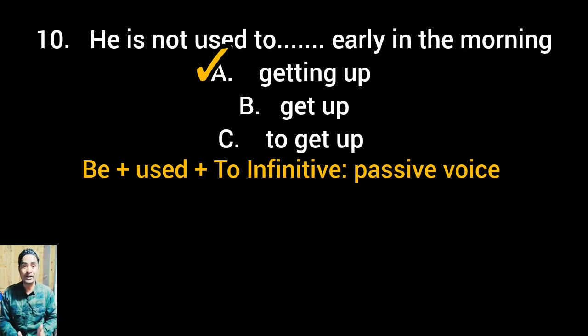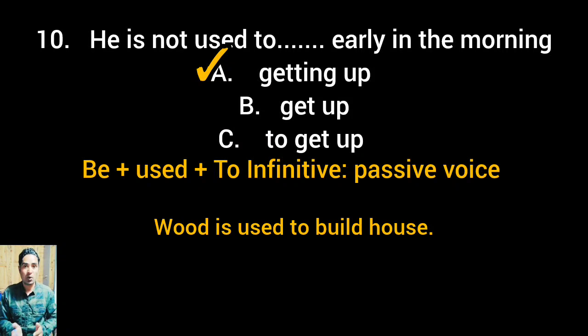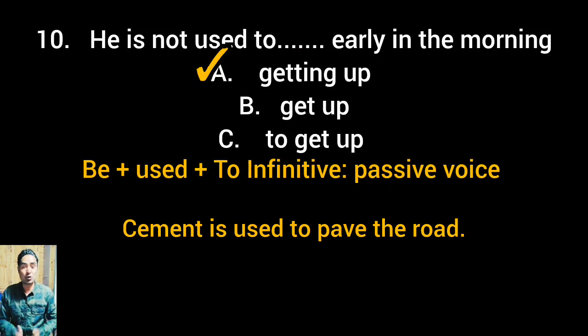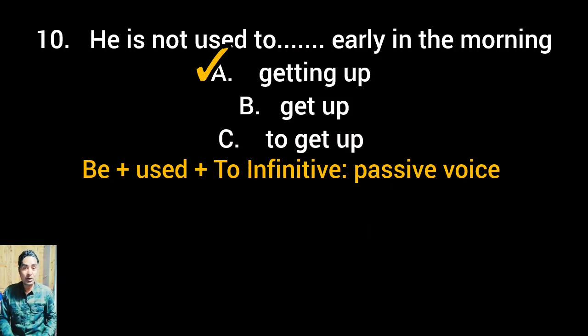Actually, it's not used to, it's V3. Use, used, used. Wood is used to build houses. Cement is used to pave the road, etc. So here the correct answer is A. Getting up. He is not used to getting up early in the morning.